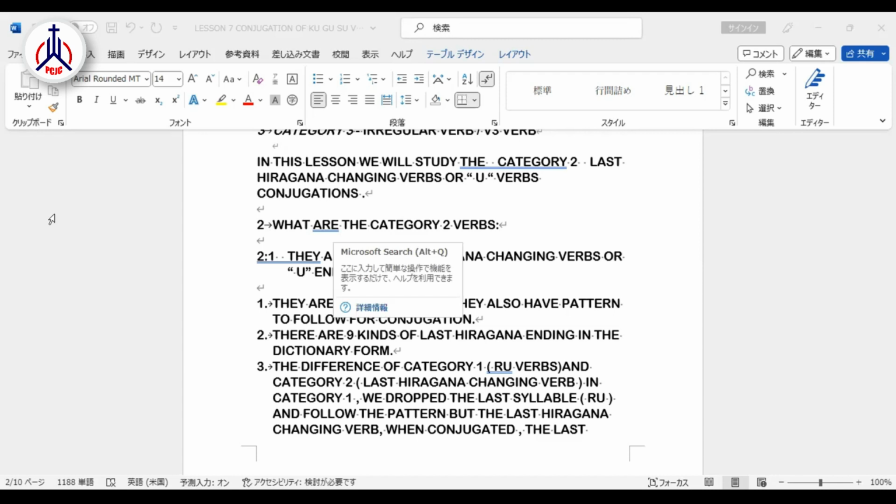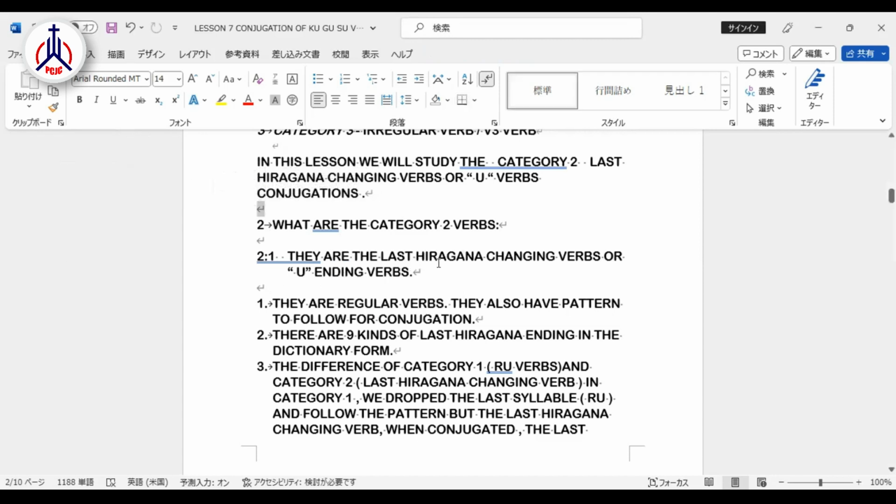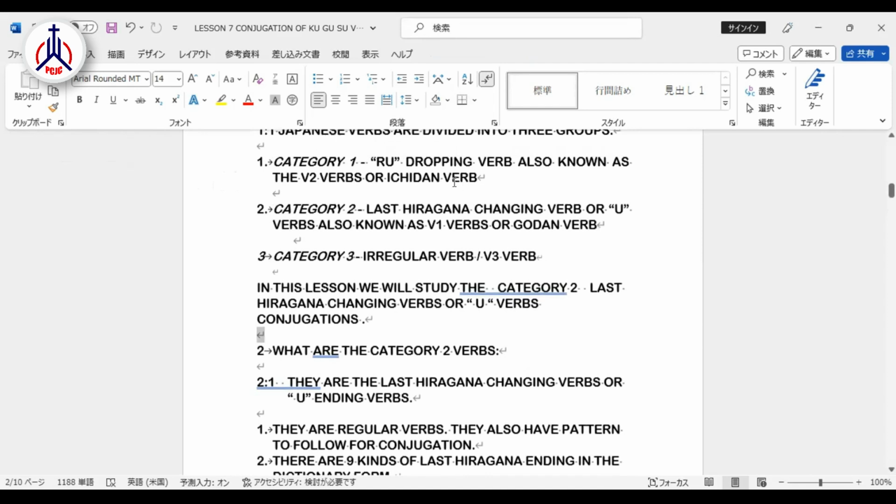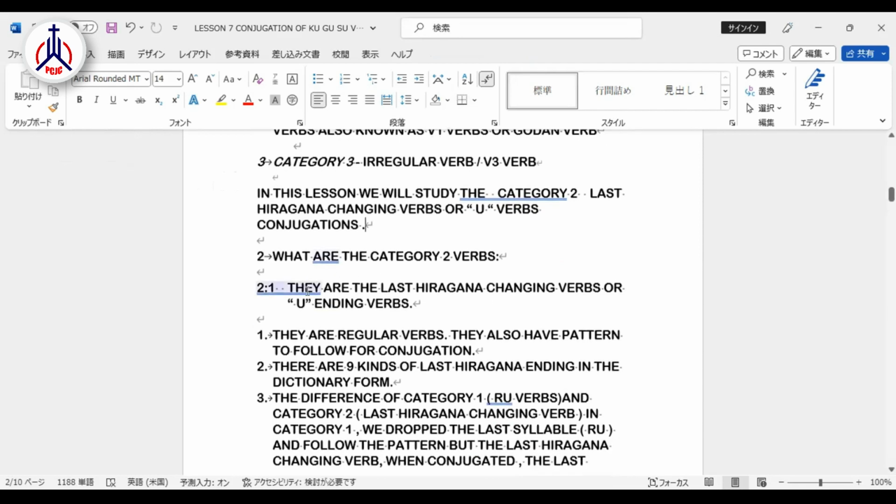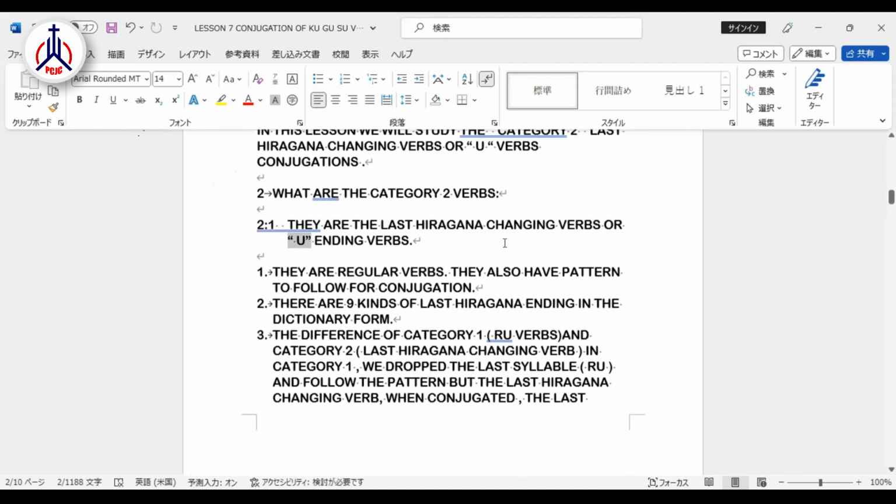They are called the last hiragana changing verb or the U ending verb. Before it was ru, right? But now category 2 ends in u, or "you" in English. But in hiragana, it's u ending verbs.